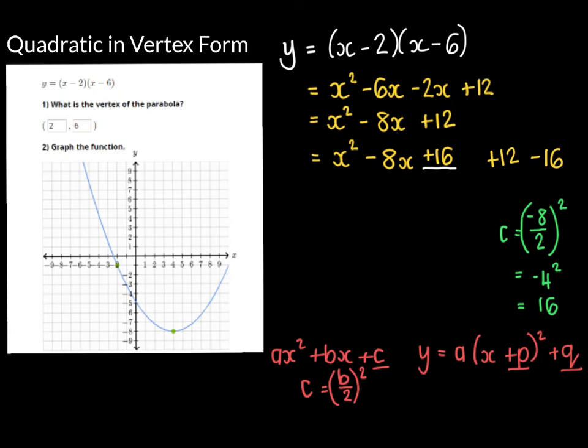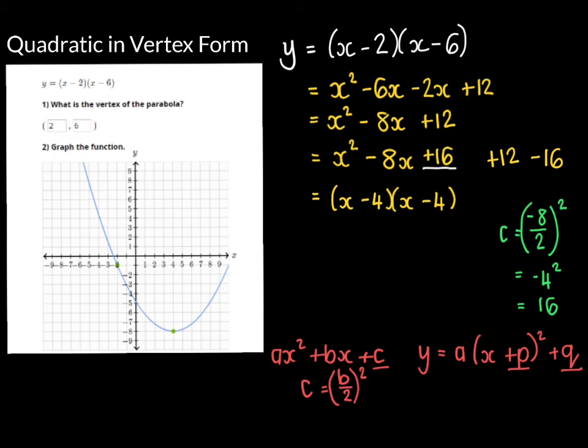Okay, so now I can write this as a perfect square. If I have to now factorize this, I'm going to get two brackets, and I'm going to get x in this bracket, x in that bracket, and in order for me to get 16 and negative 8, I can use negative 4, right? So negative 4 and negative 4. So now I've got the same number twice in brackets, which means I can use one bracket squared.